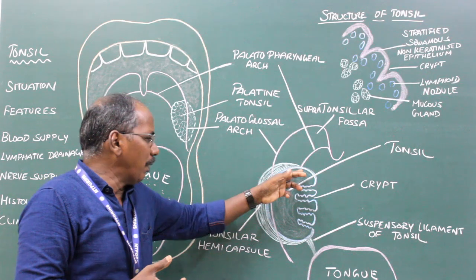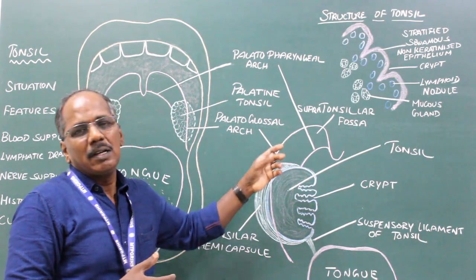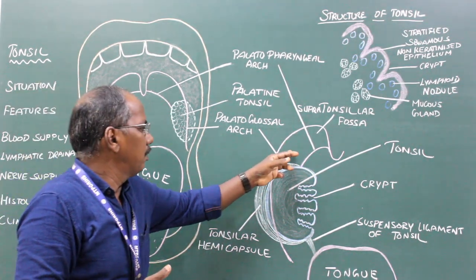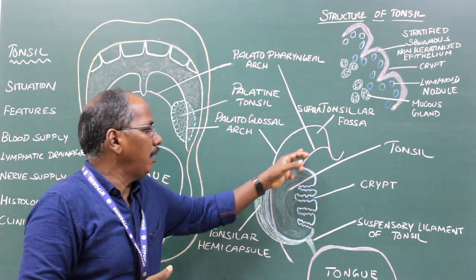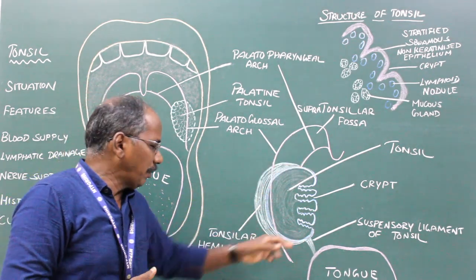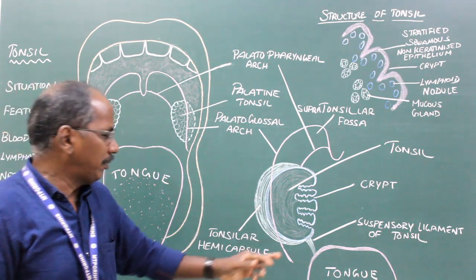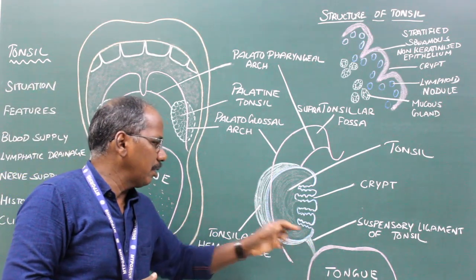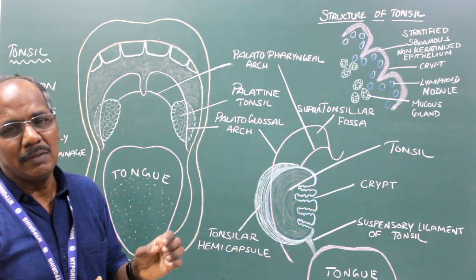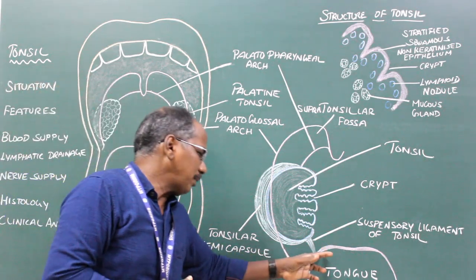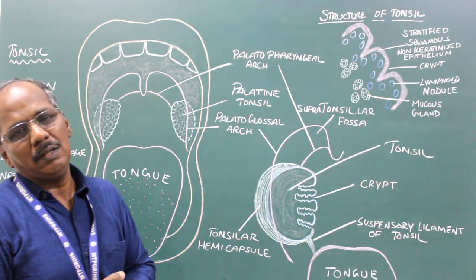The upper pole is related to the supratonsillar fossa. The lower pole gives attachment for a ligament, that is fibrous tissue, which is known as the suspensory ligament of the tonsil.